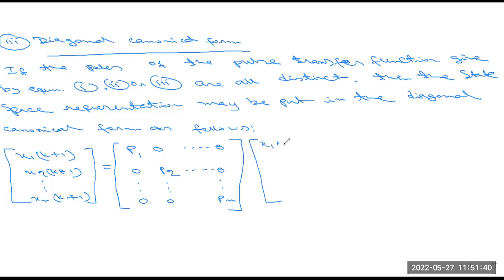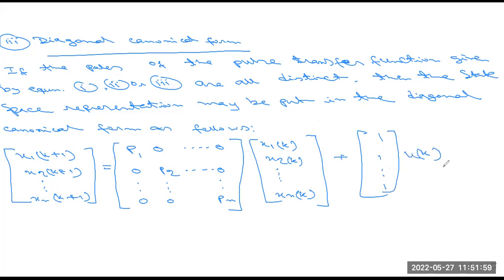So this is the x1(k), x2(k), dot dot, xn(k). Another one, that is 1, 1, dot dot, also 1, times u(k). This is equation number 8. Please consider this as equation 8.